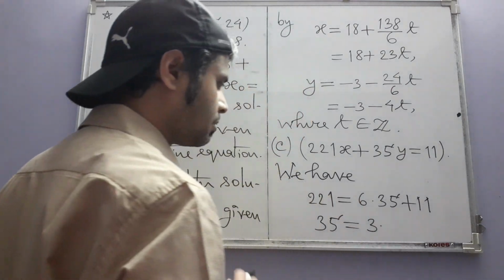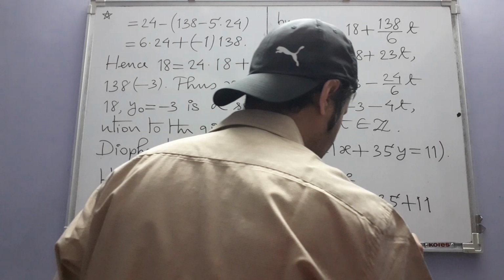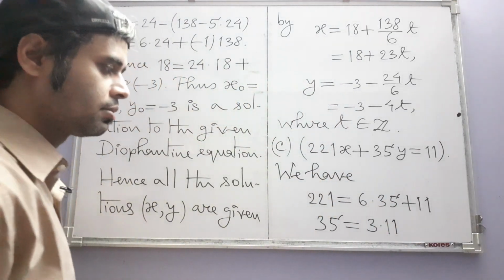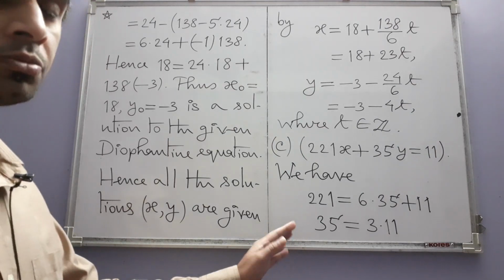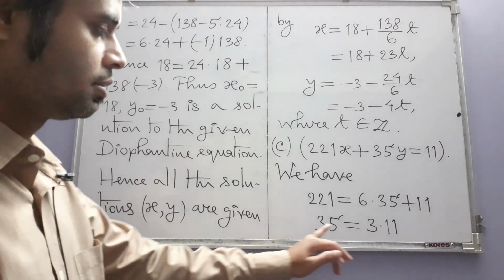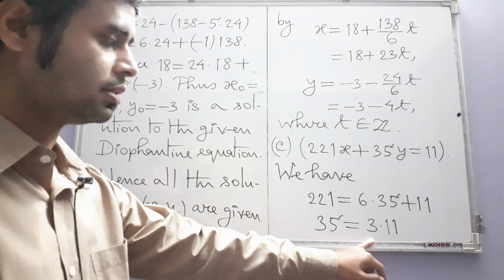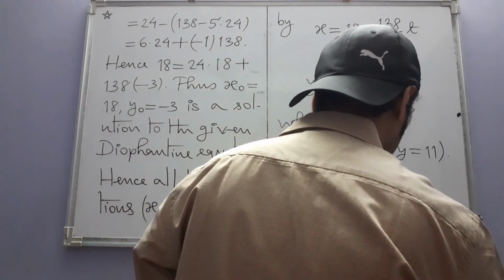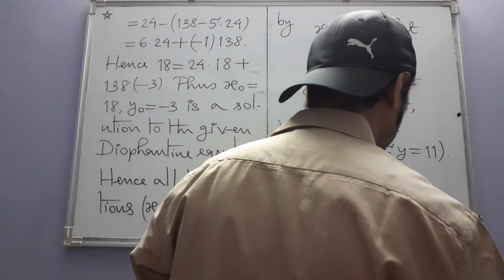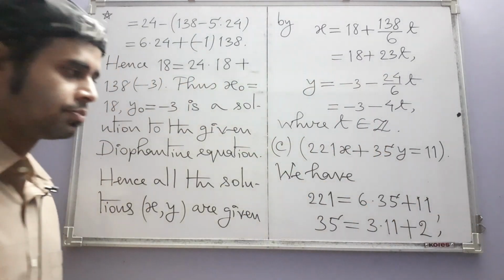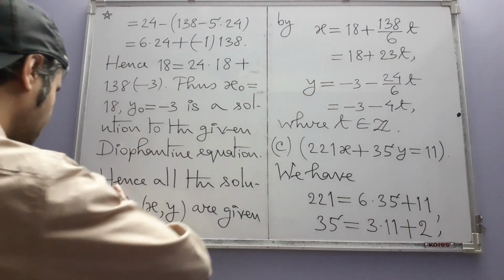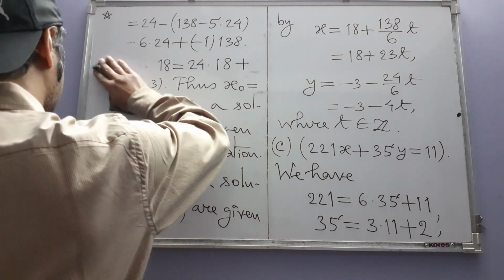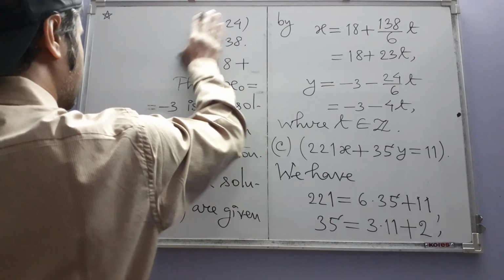Next we divide 35 by 11. So the closest we can get to 35 by following the multiples of 11 is 3 times 11, 33. So that means the remainder is 2. Then you divide 11 by 2. So here we are going to get 1 ultimately.